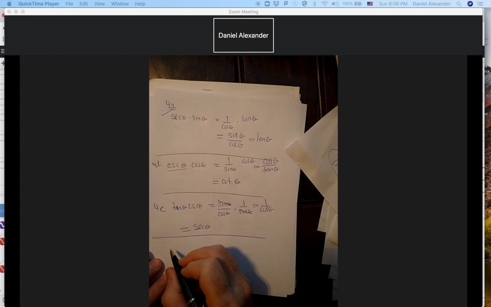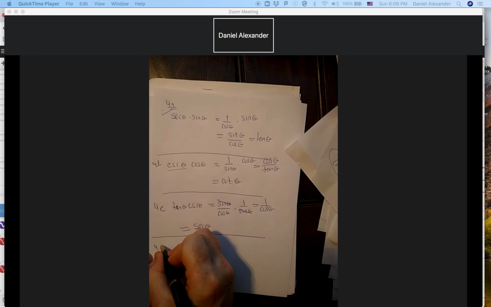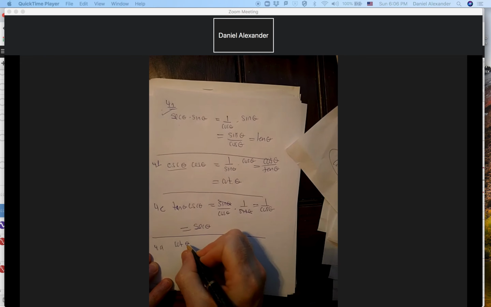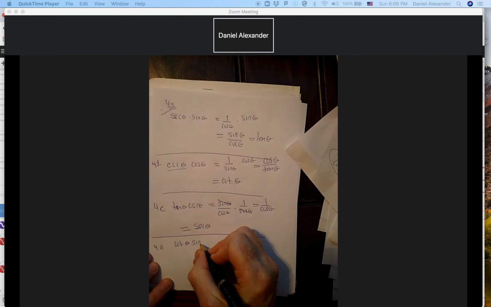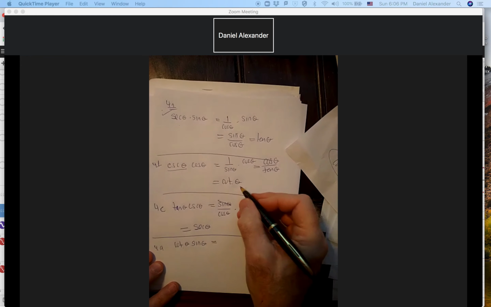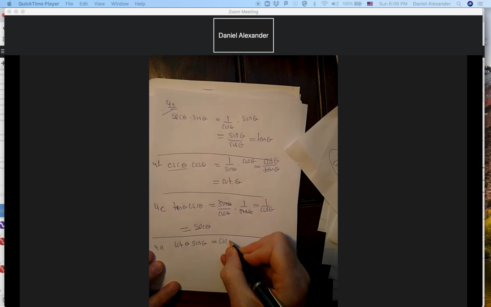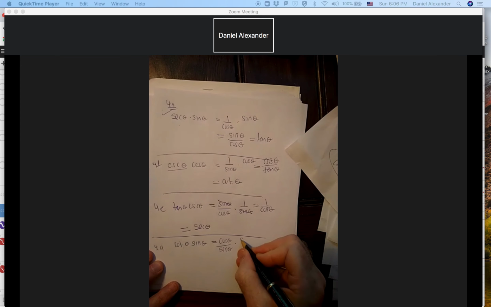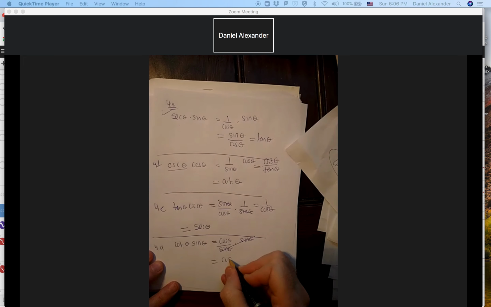And we got one more, 4d, that's going to be cotangent theta times sine theta. And you can see it's going to be similar probably. Cotangent, we know from here, is cosine theta over sine theta. Sine theta is just sine theta. Those cancel, and we're just left with cosine theta.